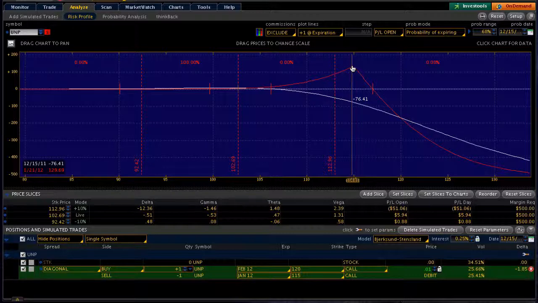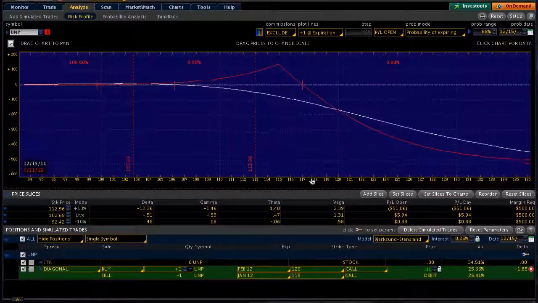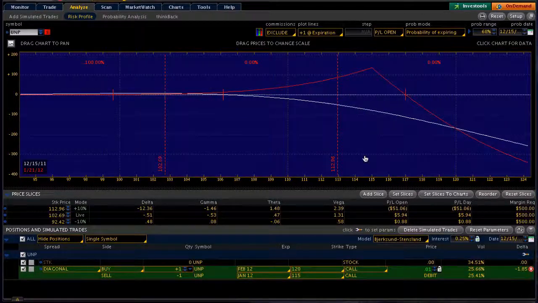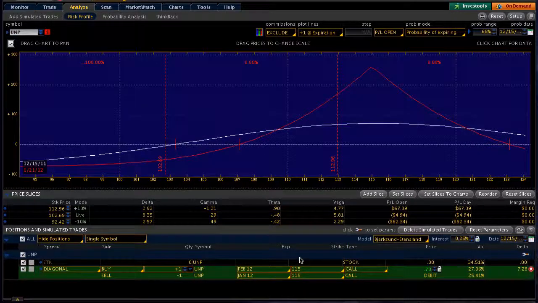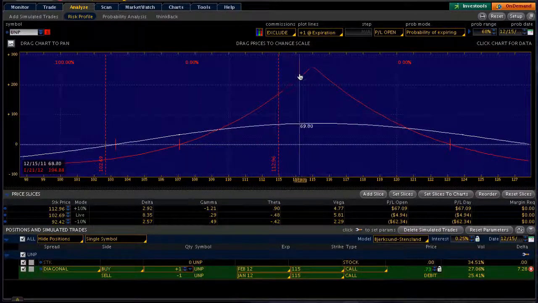Now, these are diagonals. I sometimes use them instead of calendars, because sometimes when you put on a calendar, let's put these at the same strike price of 115, you put on a calendar and all of a sudden you completely sell off and you lose money.